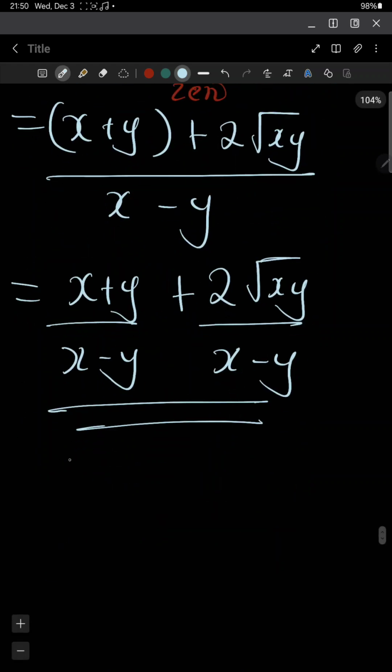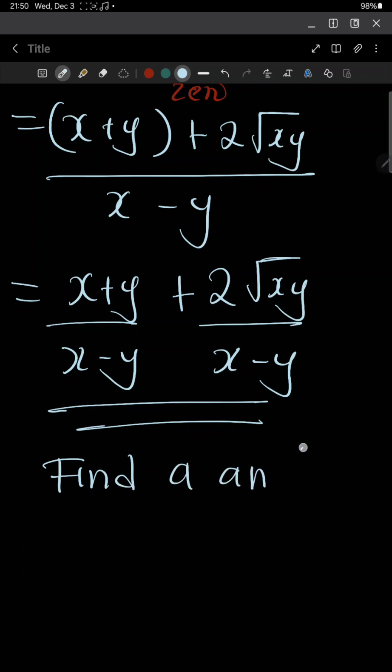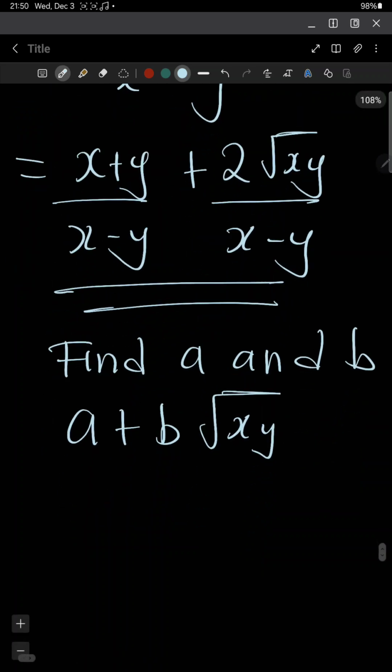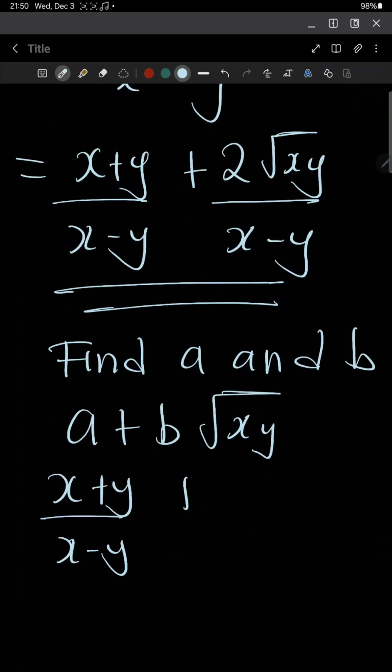So what if they ask you to find A and B? Like I said, a radical can be expressed in this format: A plus B square root of xy. So what is our A, correlating to our final answer? We had x plus y divided by x minus y, plus 2 square root of xy divided by x minus y.